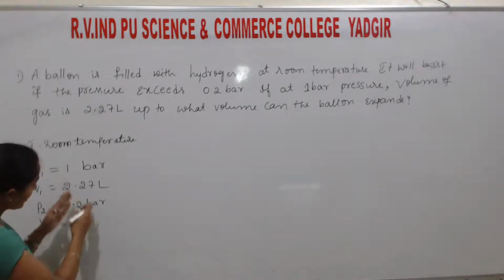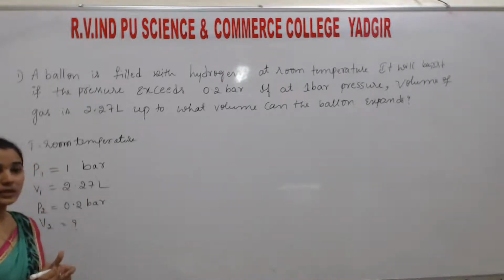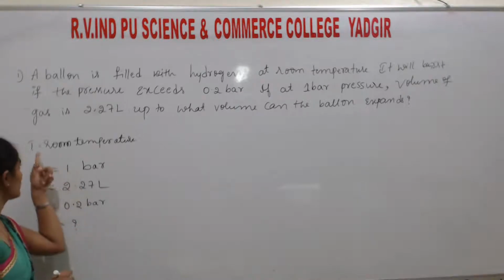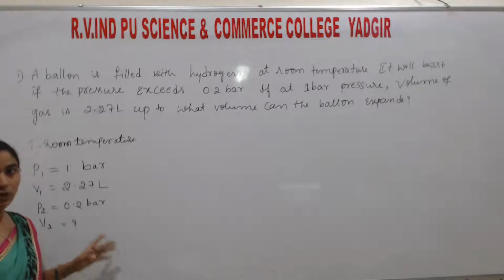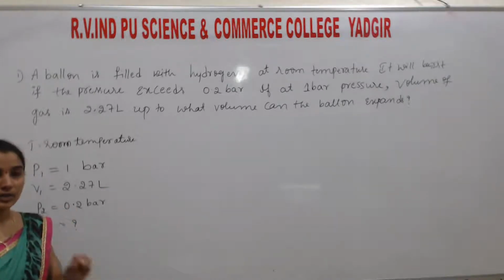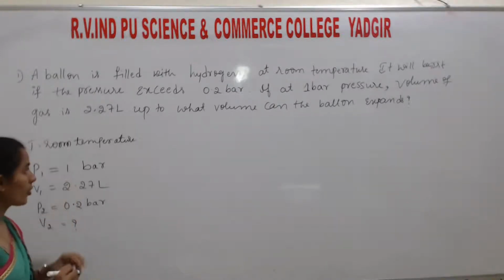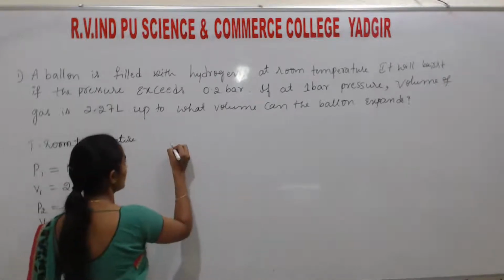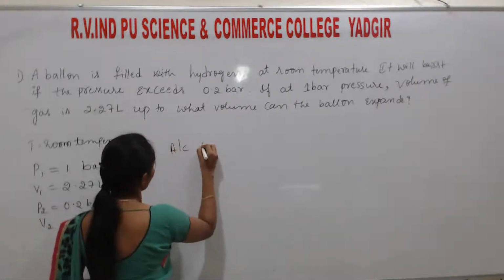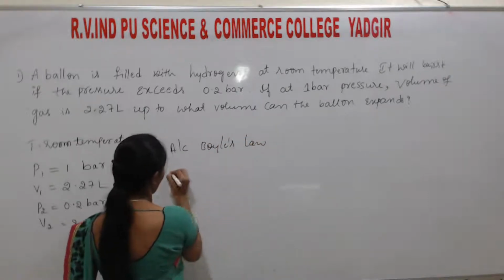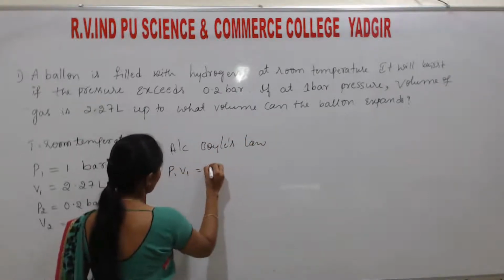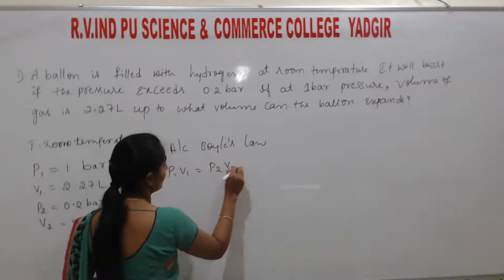So students, by knowing this you can easily say it is Boyle's law, because the temperature is room temperature for both. The temperature remains constant. Then according to Boyle's law, what is the equation? You have to write P1 V1 is equal to P2 V2.